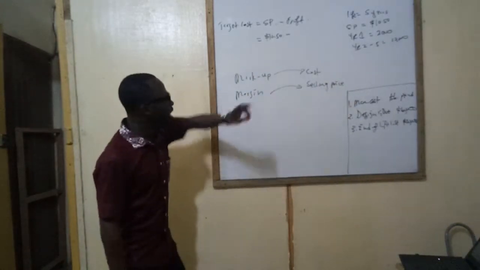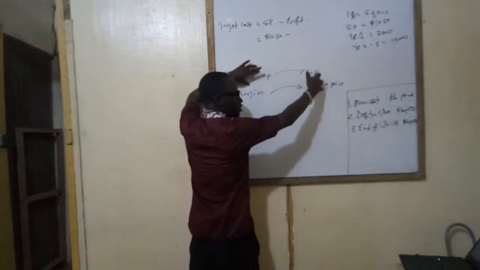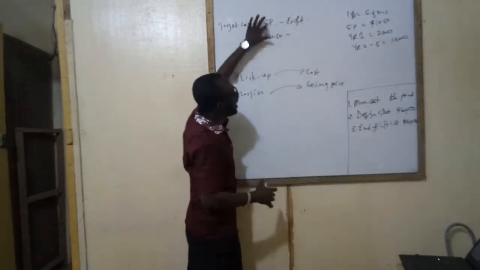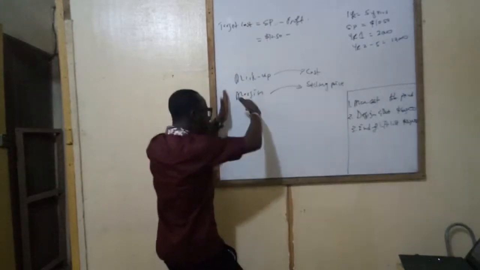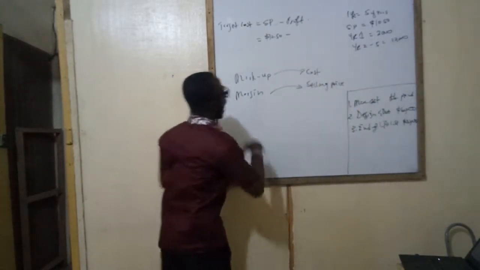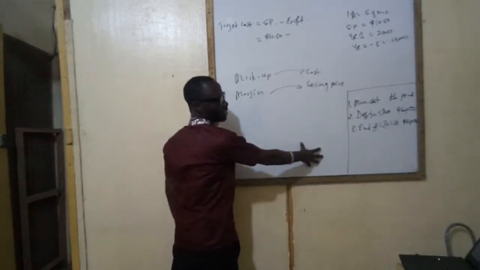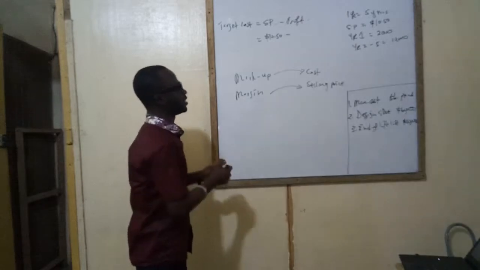So if the examiner gives you markup, but you don't have the cost and you have the selling price, then you need to move from markup to margin. How do you move? I like to do KG mathematics, then after that I do CA mathematics. What is KG mathematics?